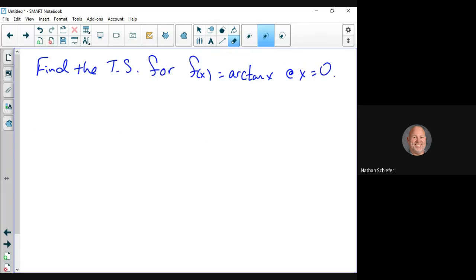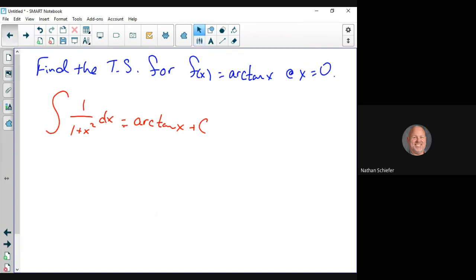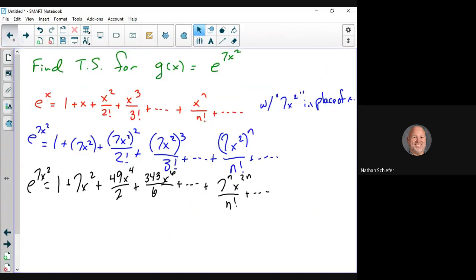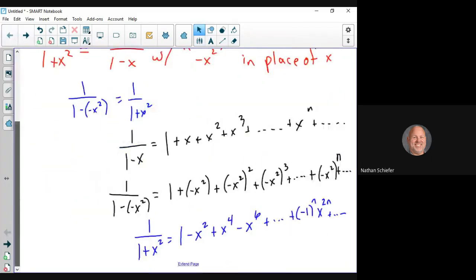The integral of 1 over 1 plus x squared, which is one we already did today, is equal to arctan plus a constant. We'll get to that constant in a little bit. So 1 over 1 plus x squared was a derivation of 1 over 1 minus x that we already did. So let's just copy that and paste it in there.